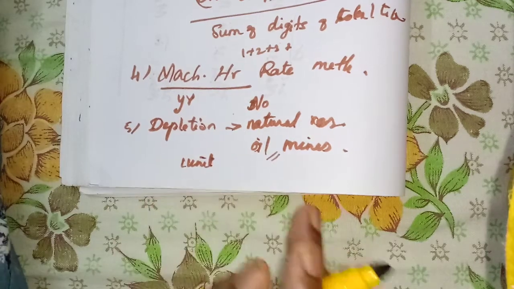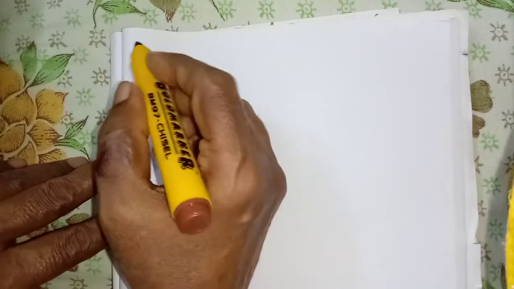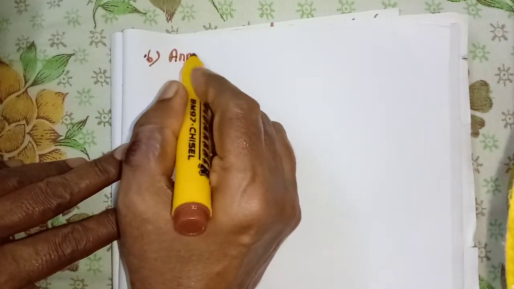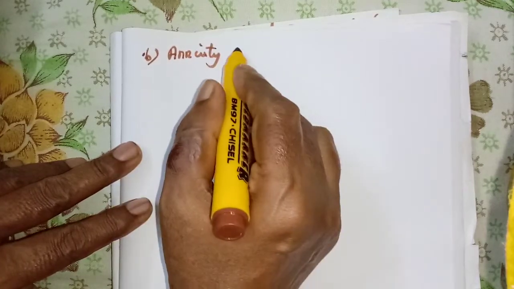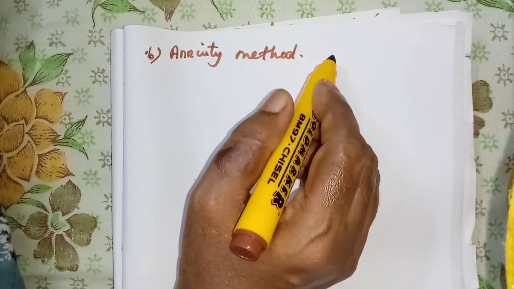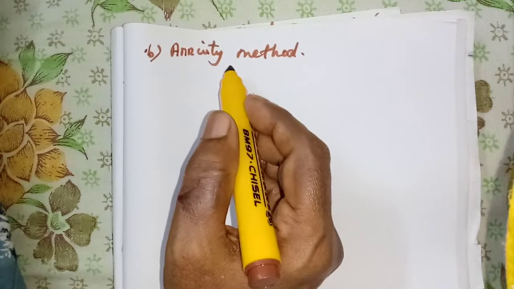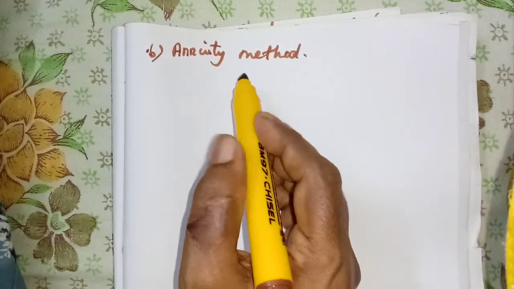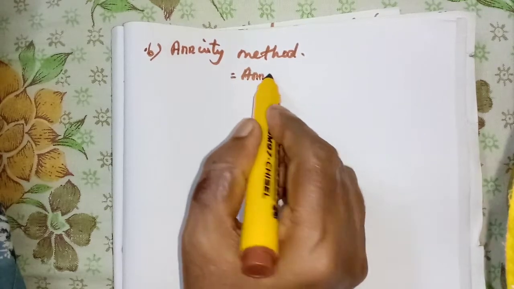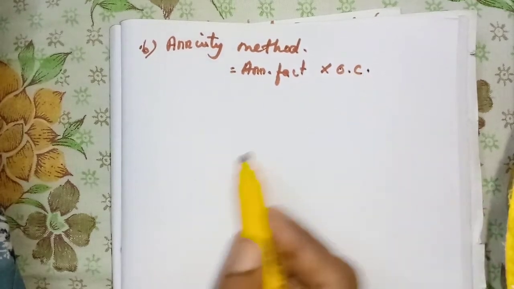Okay. Then the next method is the annuity method. Here the amount of depreciation will be calculated by the annuity factor into the original cost of the asset.